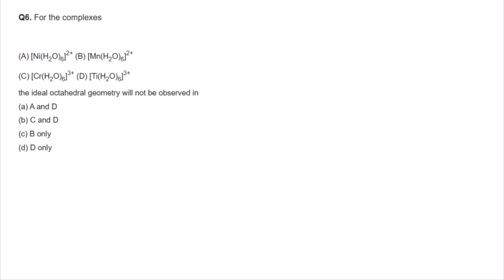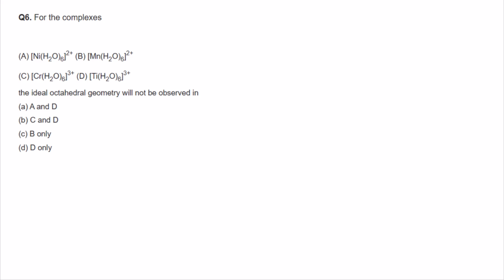Then C, hexa aqua chromium in the +3 oxidation state, and D, hexa aqua titanium in the +3 oxidation state. So we have to identify which one out of these four complexes will not be a regular octahedron.